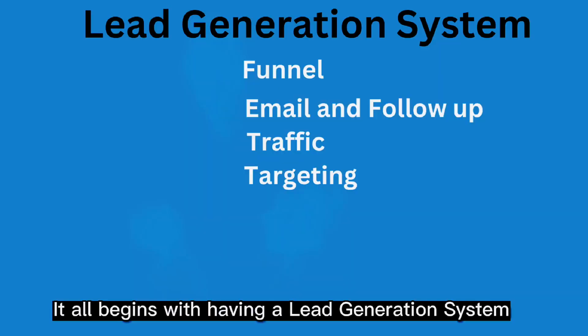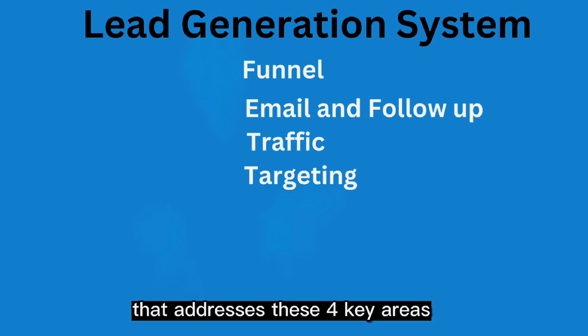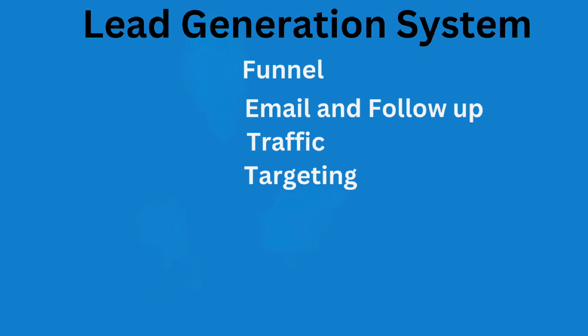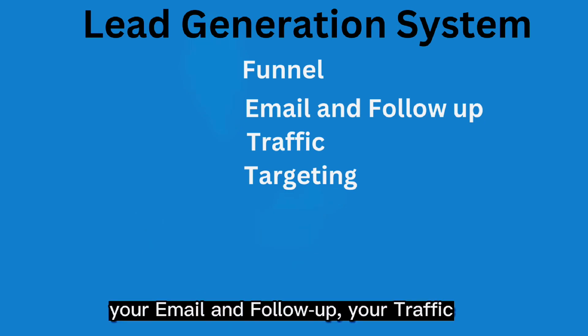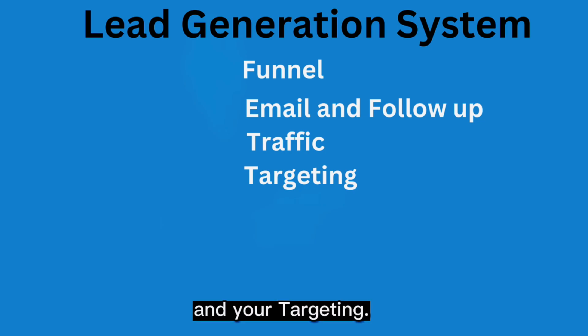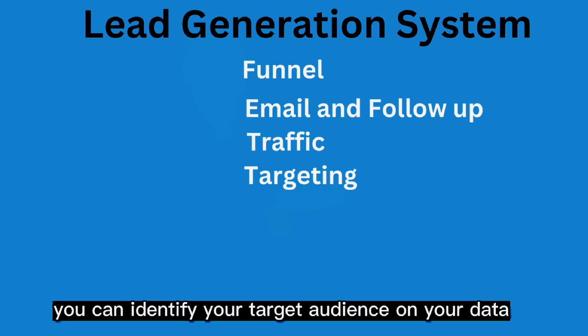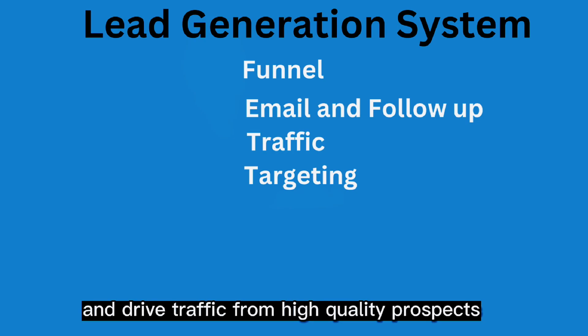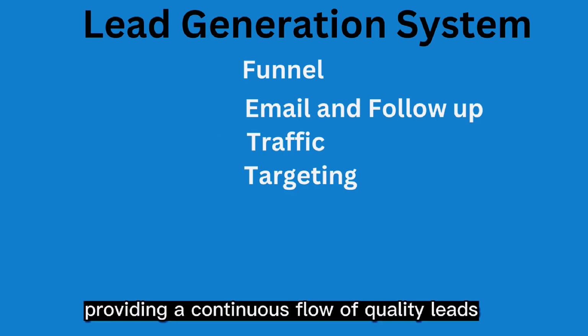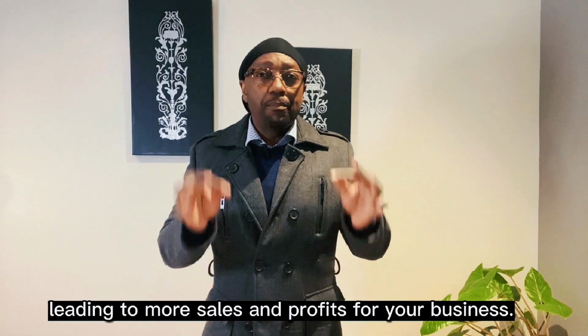It all begins with having a lead generation system that addresses these four key areas: your funnel, your email and follow up, your traffic, and your targeting. Using your lead generation system, you can identify your target audience, own your data, and drive traffic from high quality prospects, providing a continuous flow of quality leads, leading to more sales and profits for your business.